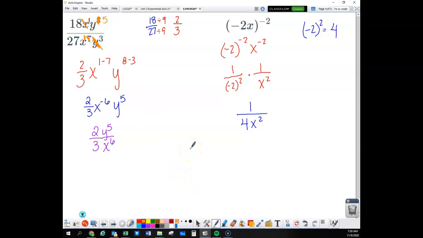So you're still doing this process, you're just doing it in your head, basically. Either way you prefer, as long as you end up with this answer. Okay, does that make sense? All right, good.